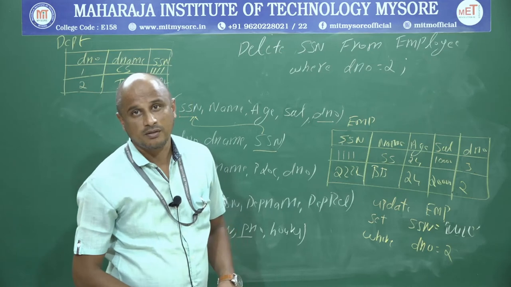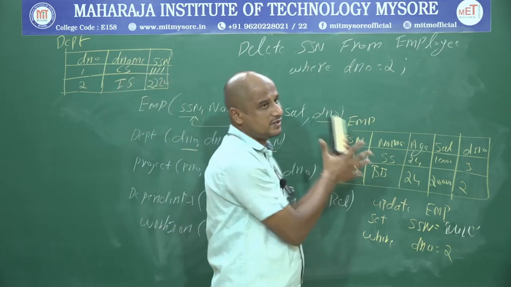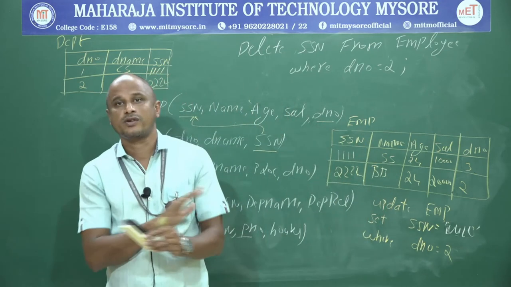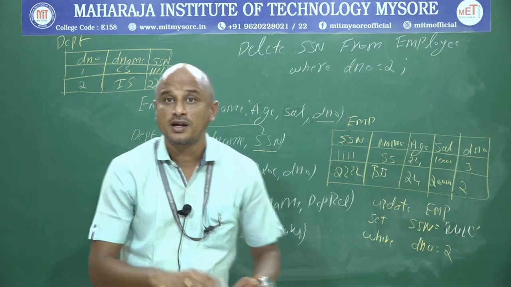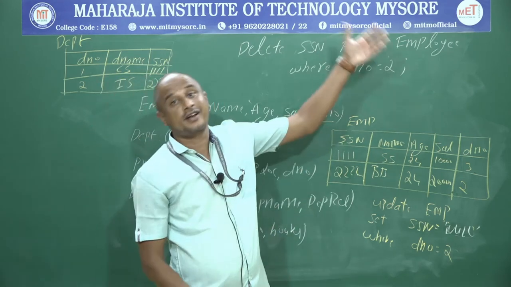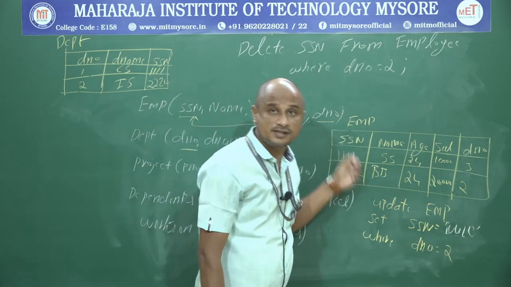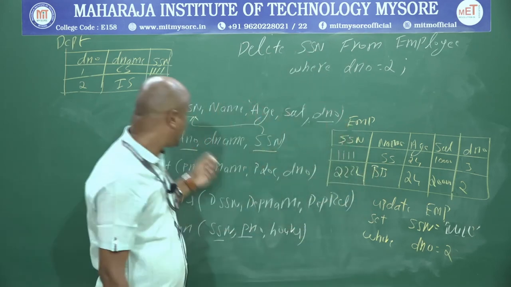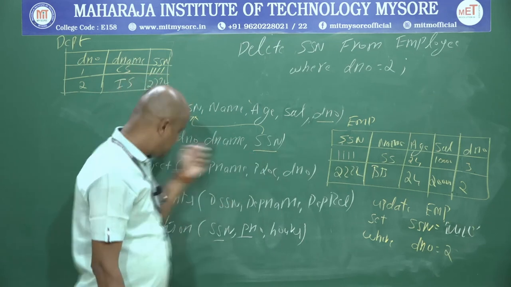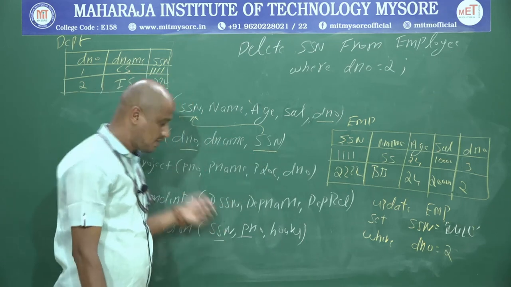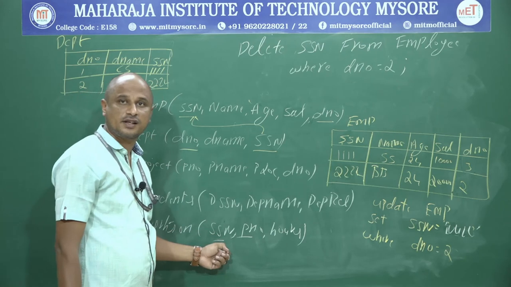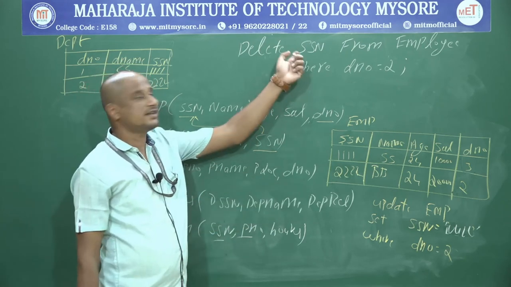It's not possible because you are deleting a primary key and violating the conditions. Once you define this, you cannot delete except through on delete cascade. You cannot delete like this because the SSN in the employee table is referred by department SSN, by dependent SSN, and by works on SSN. So it's not easy to delete in a single table.